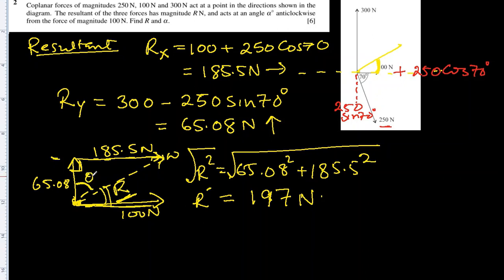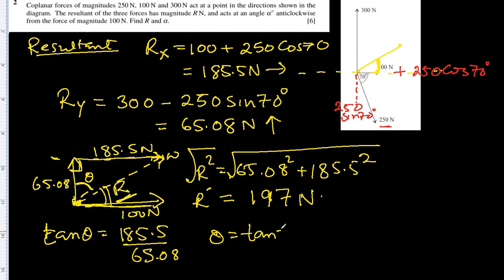Let's call it theta. So let's use tan theta in this case. Tan theta will be opposite over adjacent, 185.5 over 65.08. So theta will be tan inverse of 185.5 over 65.08, which is 70.66.